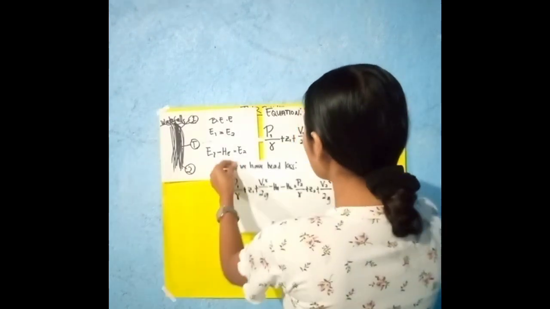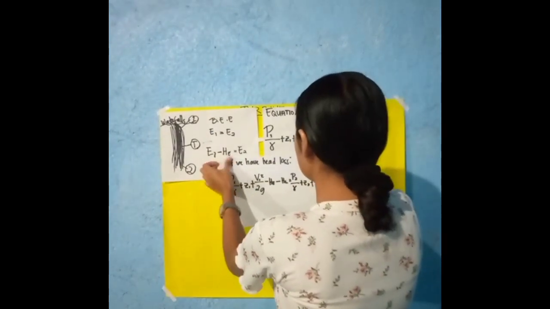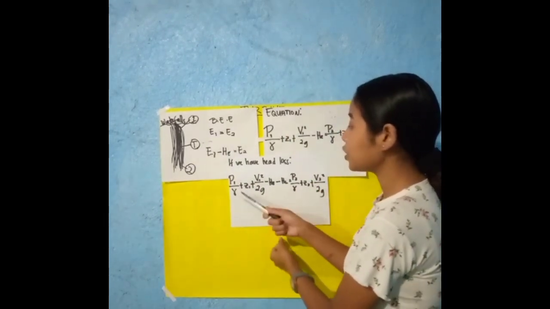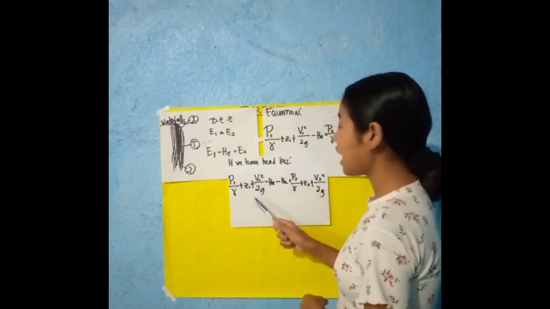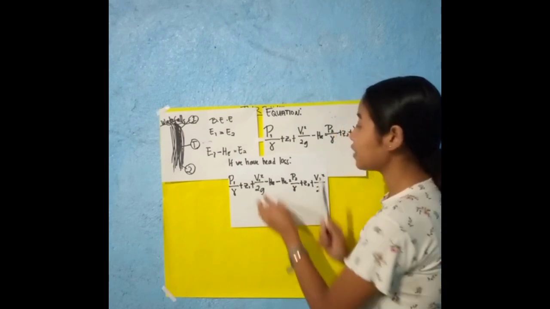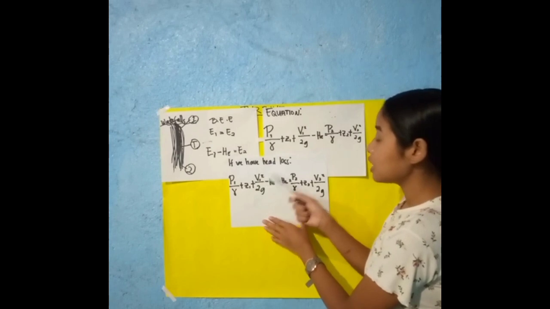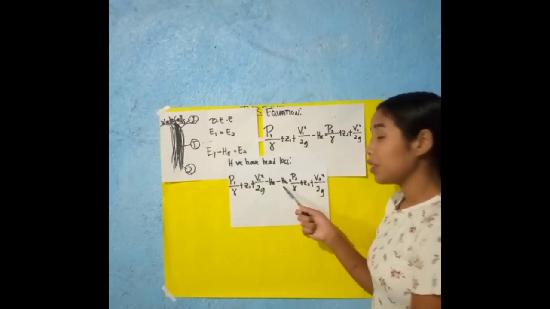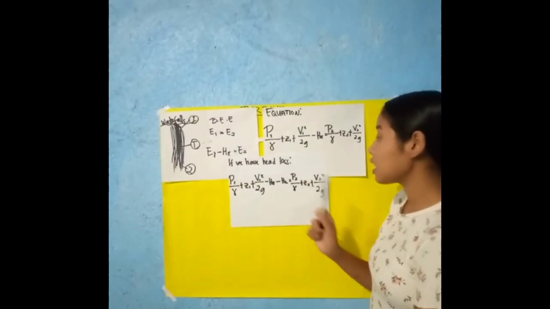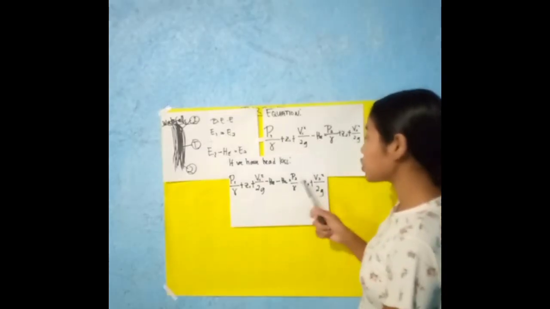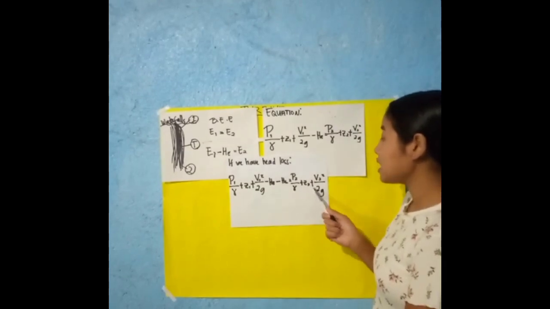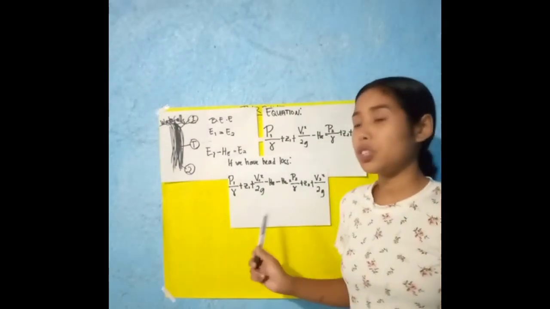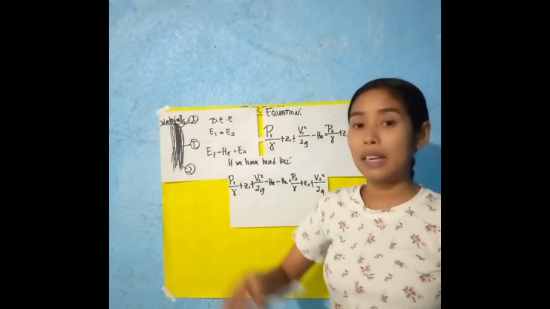This will be our equation: energy in point 1, the pressure 1 over unit weight, plus the elevation head in point 1, or Z1, plus the velocity head in point 1, V1 squared over 2g, minus the energy head extracted, minus the head loss, is equal to our energy in point 2, the pressure 2 over unit weight plus Z2 plus V2 squared over 2g. So this is our equation if we have head loss in a turbine.